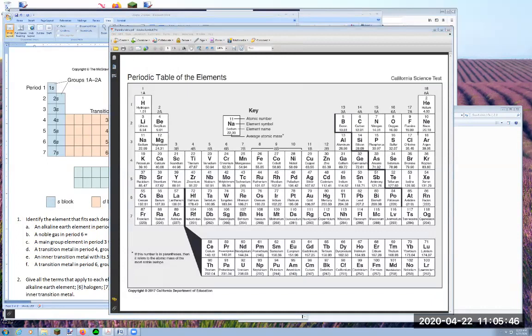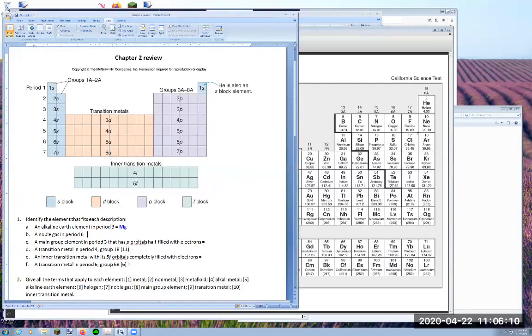So noble gases are those elements in group 8A, right? Group 8A is the last column to the right. Helium, neon, argon, krypton, xenon, and radon are all noble gases. And so period 6 means row 6, and there it's radon. Rn, or radon.